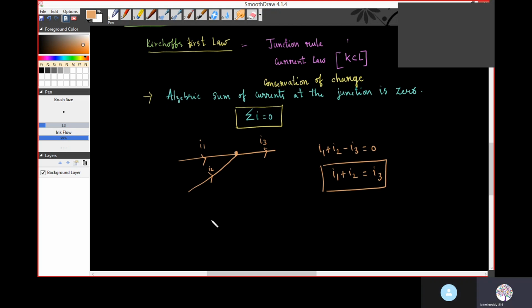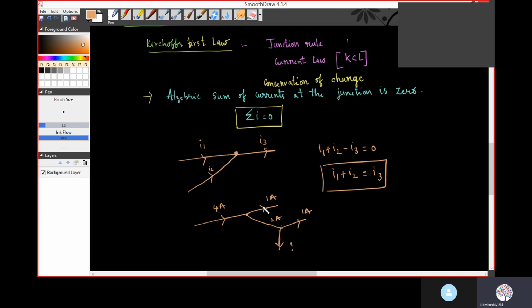So now here you can solve a problem like this. Say this is 4 amperes. Now here you have 1 ampere. Here this is 2 amperes. This is branching out. This is 1 ampere. And here how much current is passing?